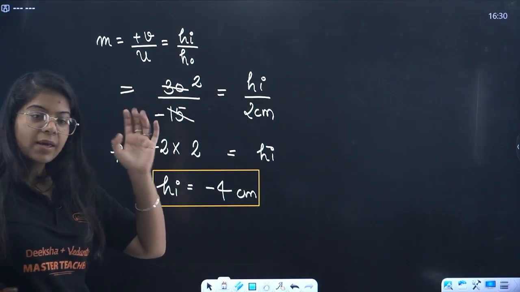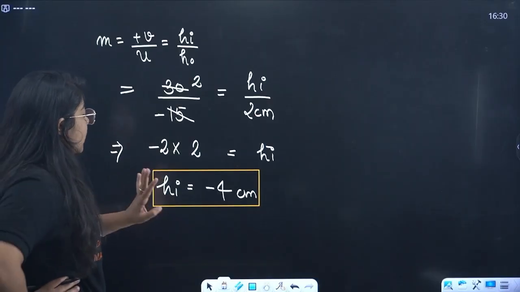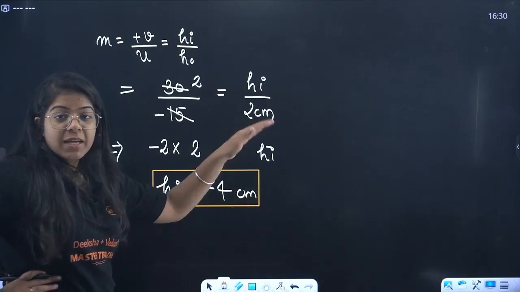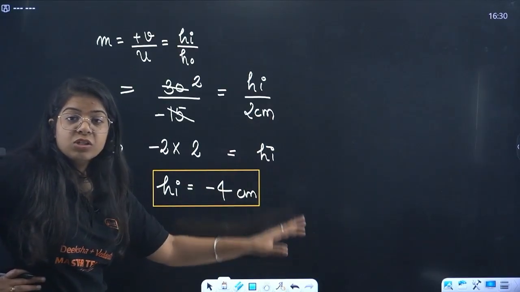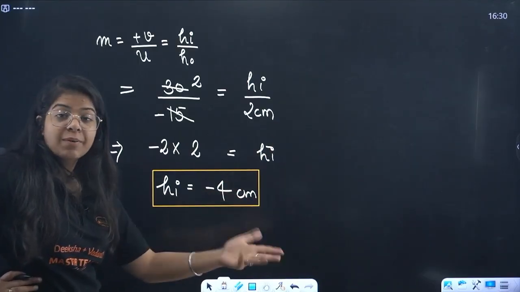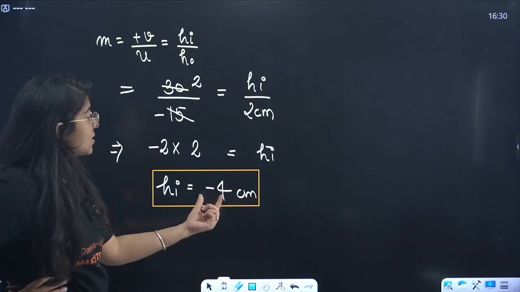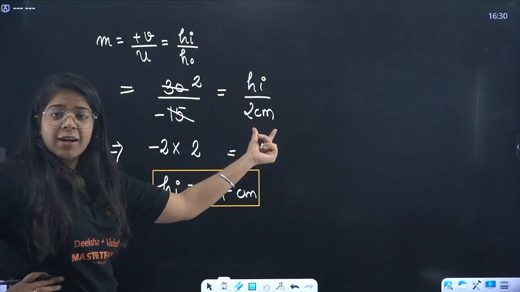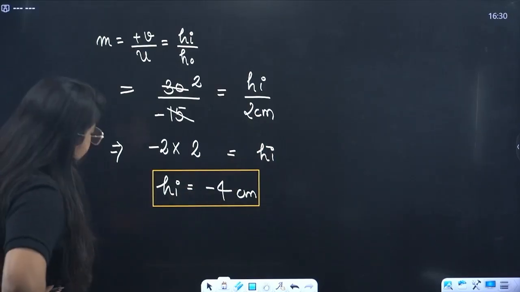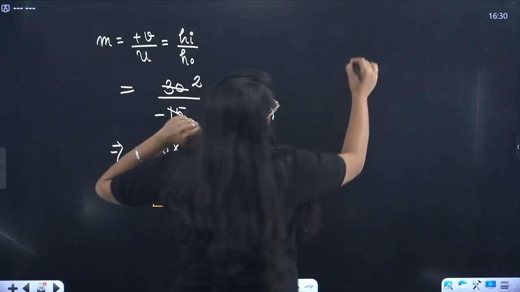Done? Okay, great. Now beta, minus 4 centimeter means it forms on the downside, downward of the principal axis, and it is enlarged compared to the height of the object. And we also had to find magnification.